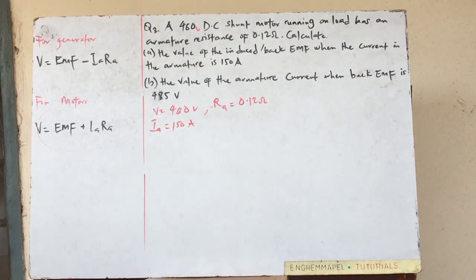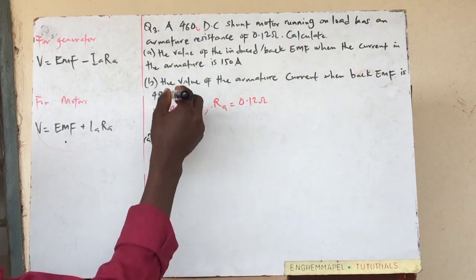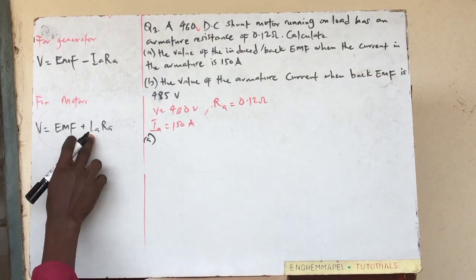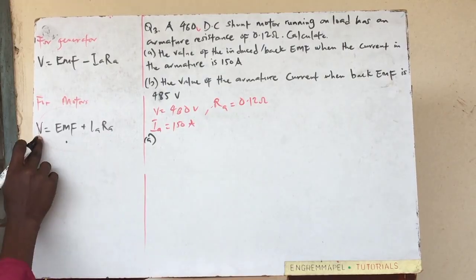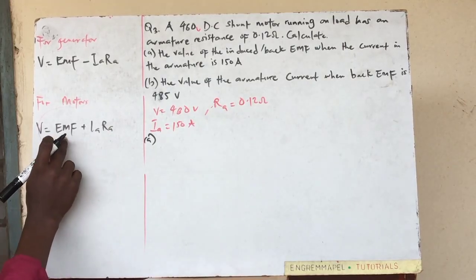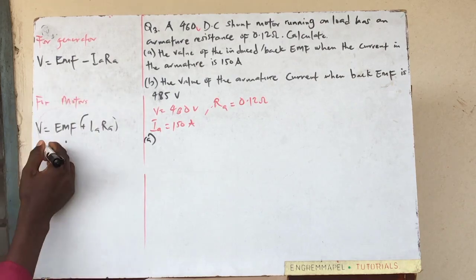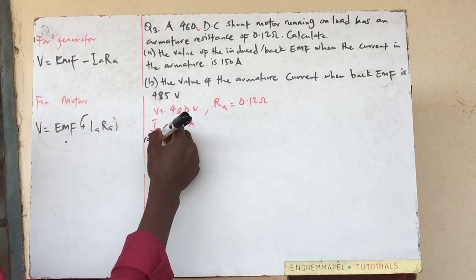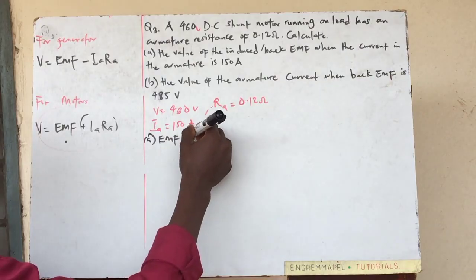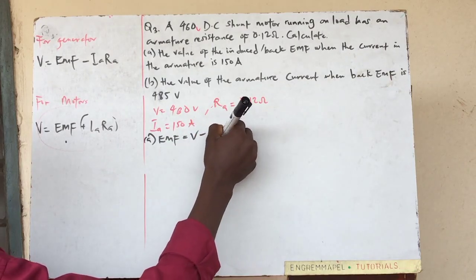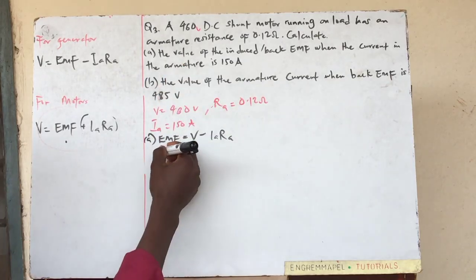So how do we go about this? We go back to the formula here. So for the armature current, we know this is the armature current here. We've been given the armature resistance, we've been given the voltage, so we have to look for the EMF. So let's invert the formula. We can bring this back here. We have V minus IARA, right? So the back EMF, or the induced EMF, will be V minus IARA. Now we insert all our given.